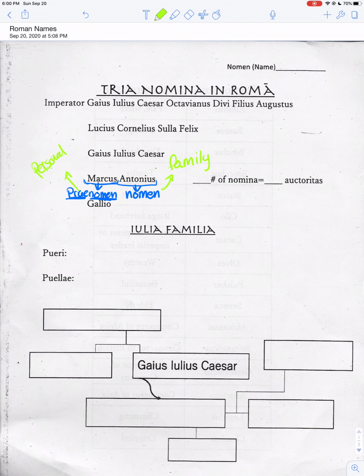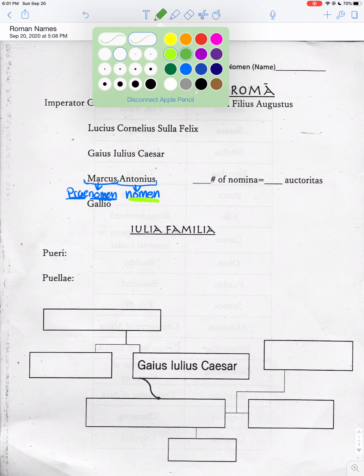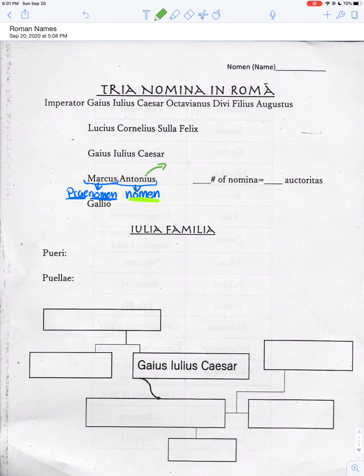And so family was a really big deal in ancient Rome. So that was their main name. This was before their name, and their family name was their actual name. Now, before we get too far in this, it's important to know that when you refer to a whole family as a whole, it's feminine.